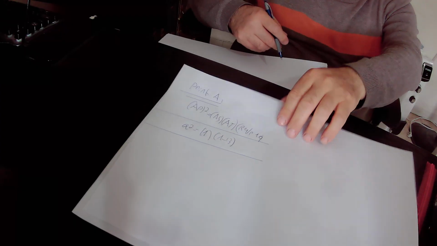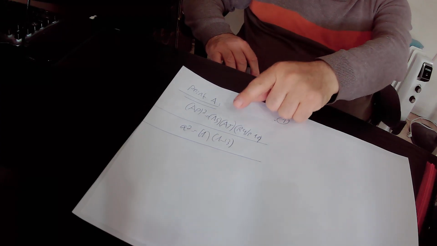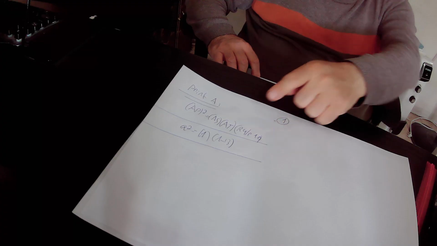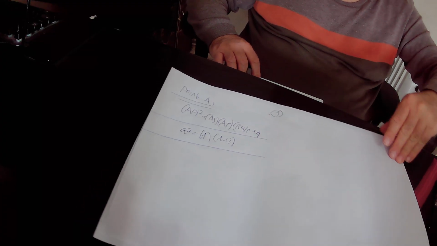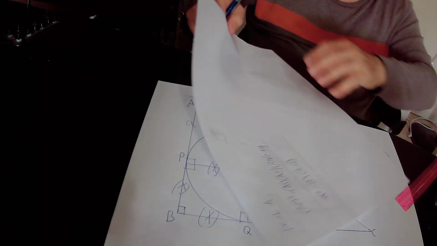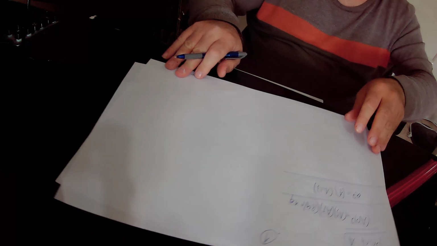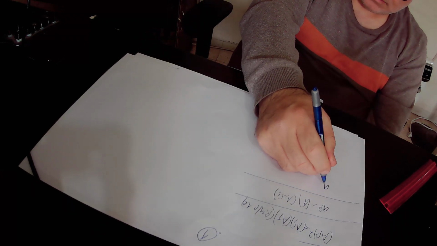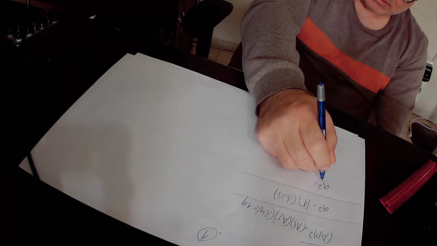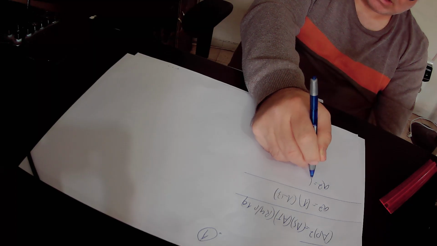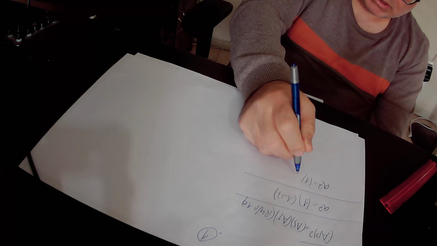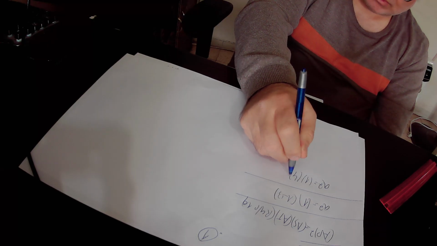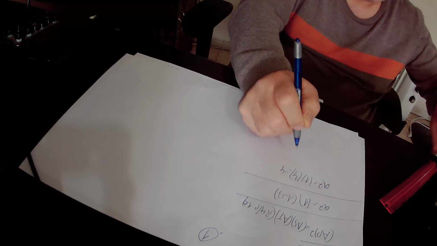So in conclusion, we found out that A squared equals 1 times 1 plus 3. So A squared equals 1 times 4, that is 4.